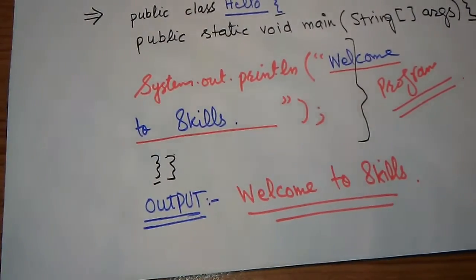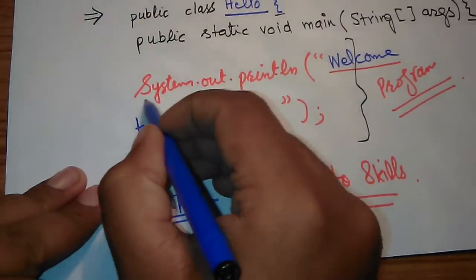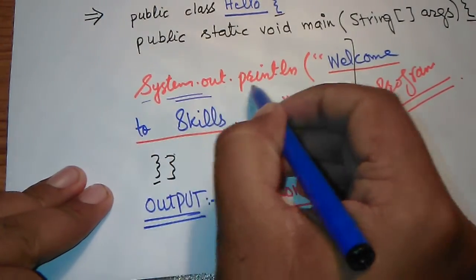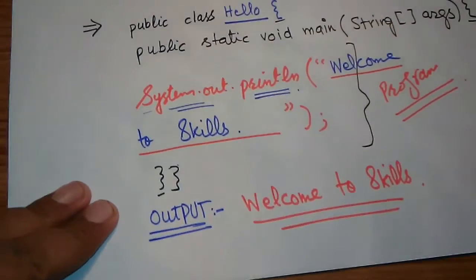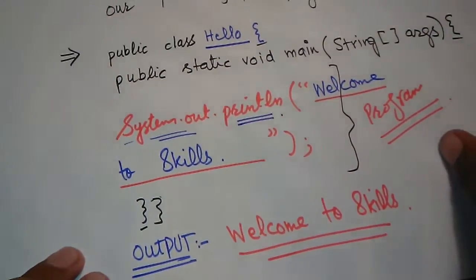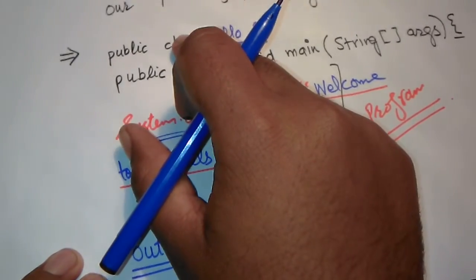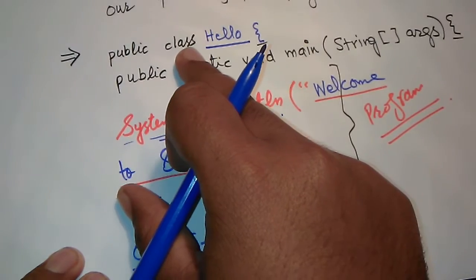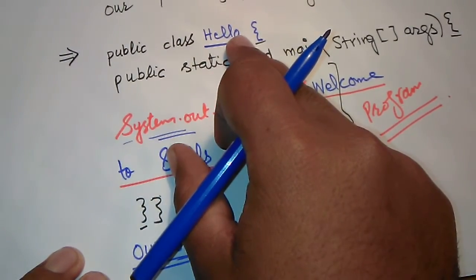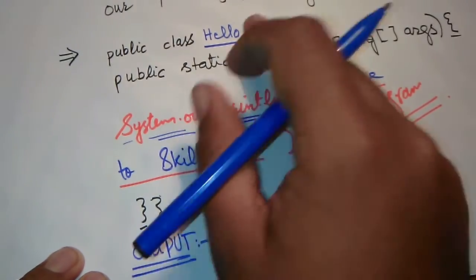We studied a new statement, System.out.println. In Java programming, first of all we need to write public class, the same in every program, and give it a name like Hello, according to our desire.